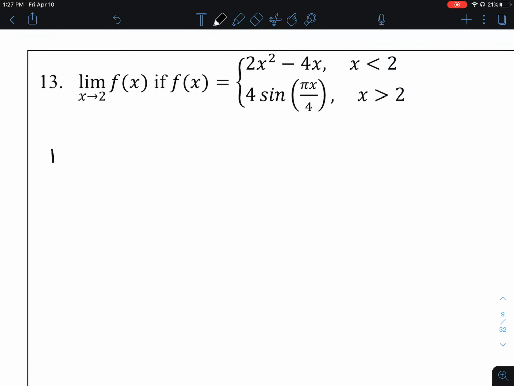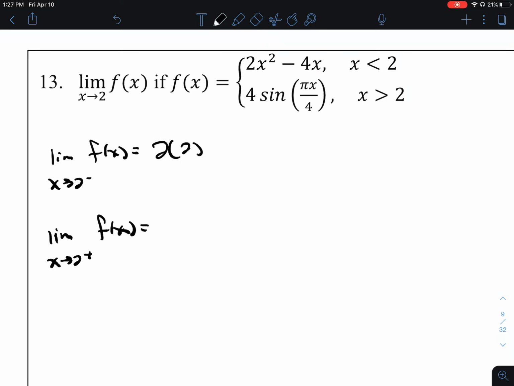Well, to do this, we've got to find the limit as x approaches 2 from the left of our function, and the limit as x approaches 2 from the right of our function. If we approach from the left, we're going to be using this function. So we're substituting a 2 into 2x squared minus 4x, which is going to be 8 minus 8, which is 0.